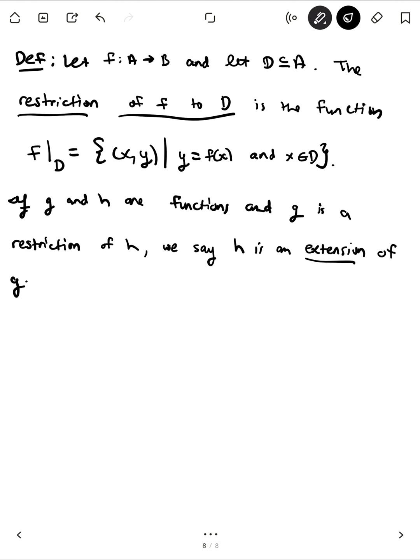Okay, so restriction versus extension. Okay, so when would this become important?